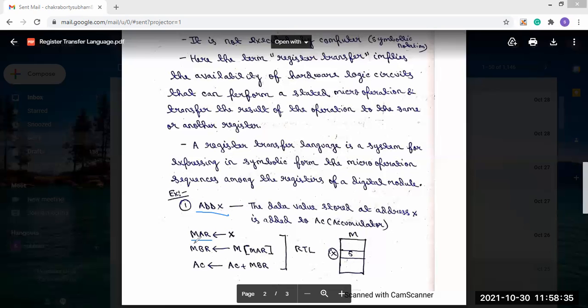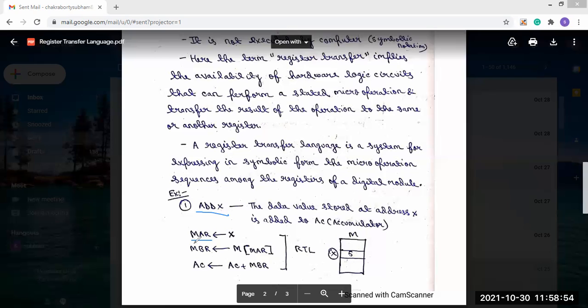Memory buffer register is a special type of register used for storing the data. So first we collect the address and that address is stored into the memory address register, and then we perform what?